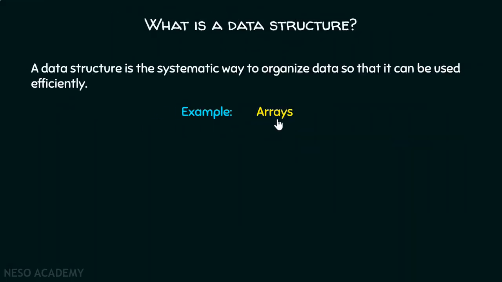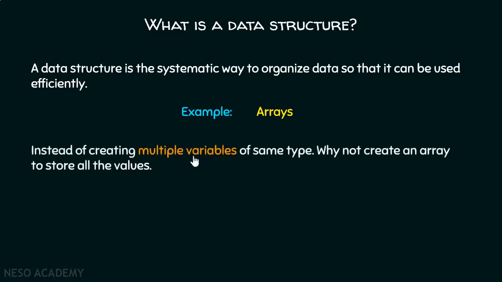Now here is an example why this data structure is so useful. Instead of creating multiple variables of same type, why not create an array to store all the values? Let's say I need 100 integers. Why do I require to create 100 variables for 100 integers when I can create a single array and store all the integers in them? Isn't that so? That is why arrays are so useful.